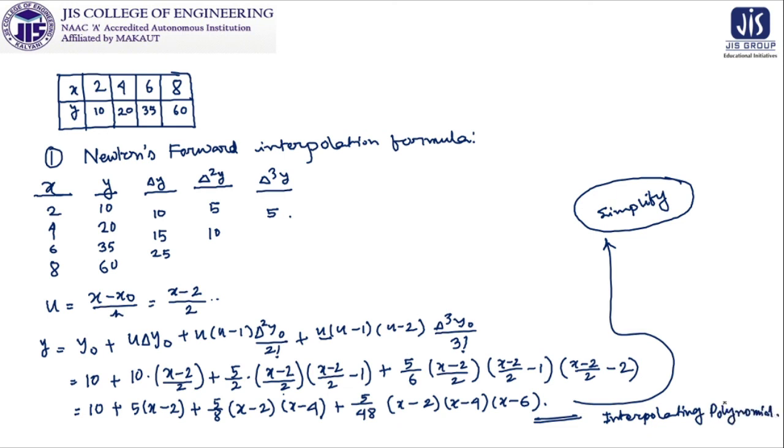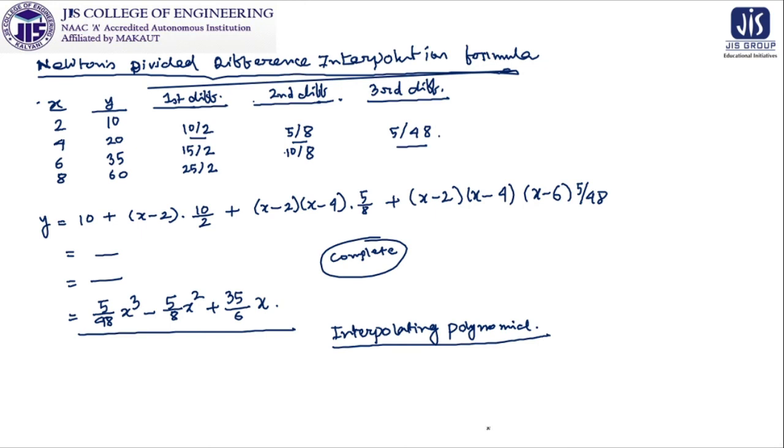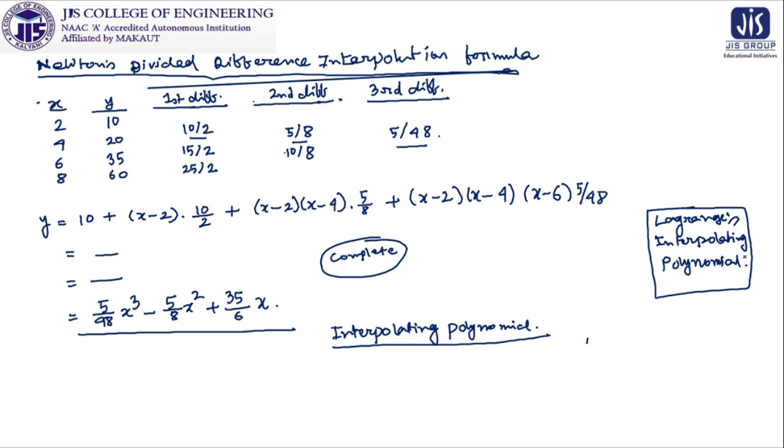And from this divided difference interpolation formula, as we have already verified in the first problem, this is left for you: if you start to find the Lagrange's interpolating polynomial, then the first problem already gives us the clue, or the confidence, that we are going to get the same interpolating polynomial for Lagrange's and Newton's divided difference.